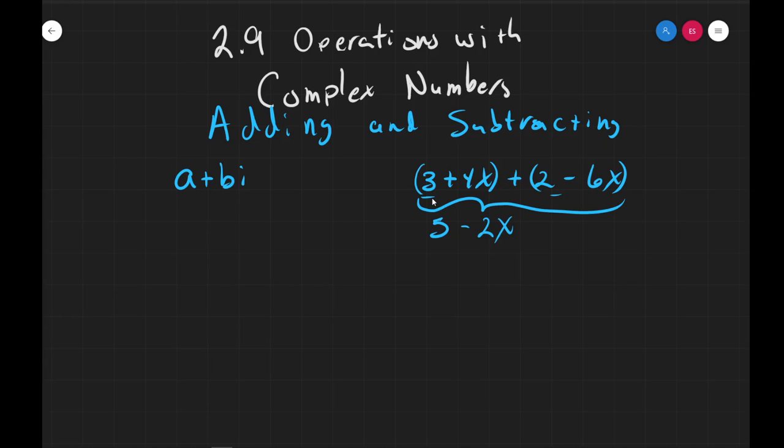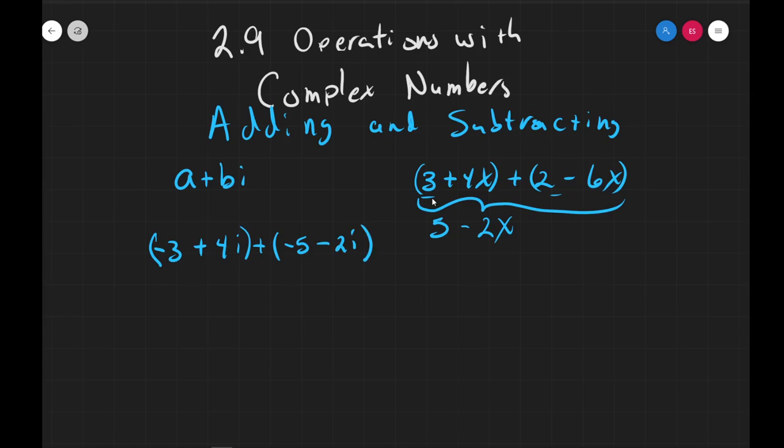So let's say we take negative 3 plus 4i, this is one of our numbers, plus negative 5 minus 2i.